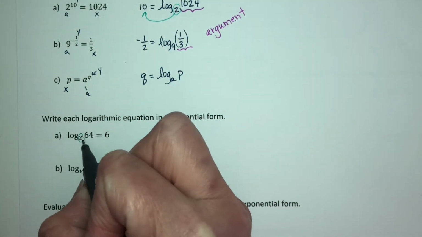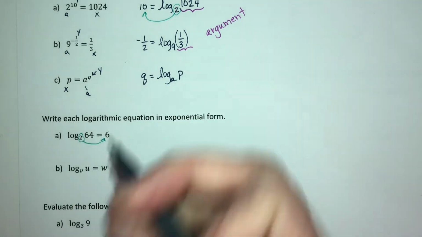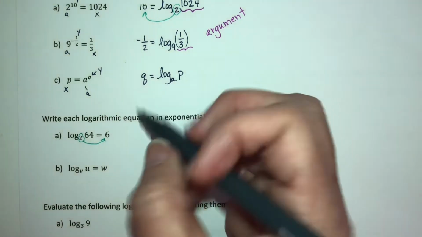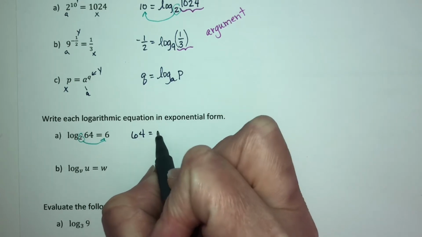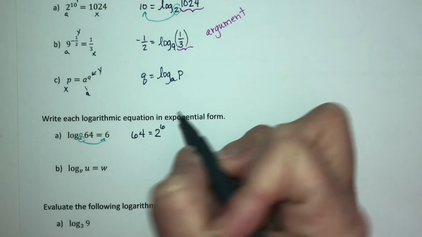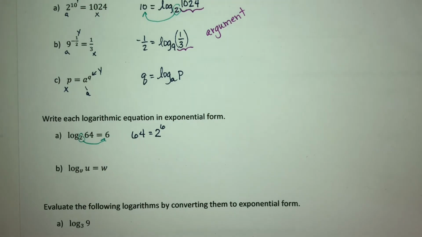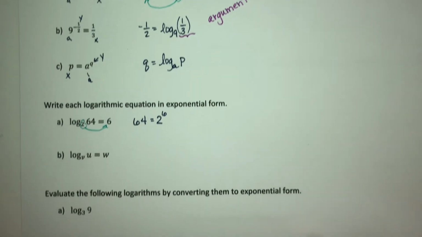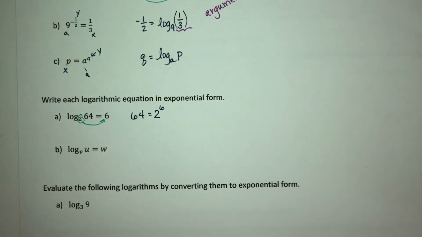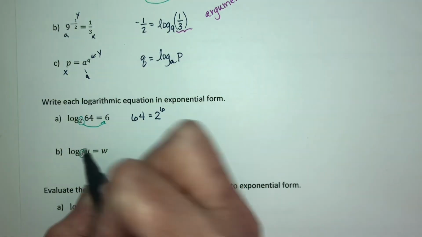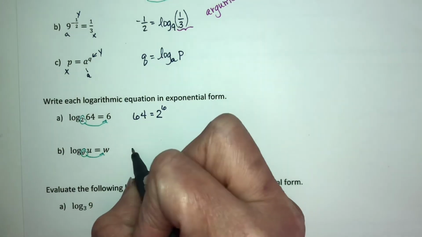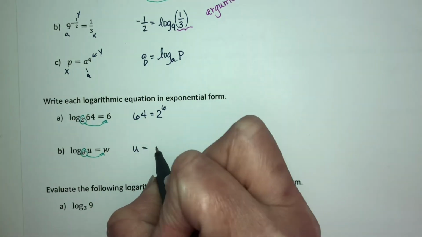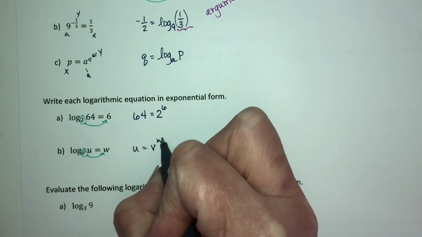This 2 swoops over to here, and it bumps that 6 up, and it becomes an exponent. So I end up with 64 is equal to 2 to the 6th power. And now we're going to do the same thing here. This bumps the w up, and you get u is equal to v raised to the w power.